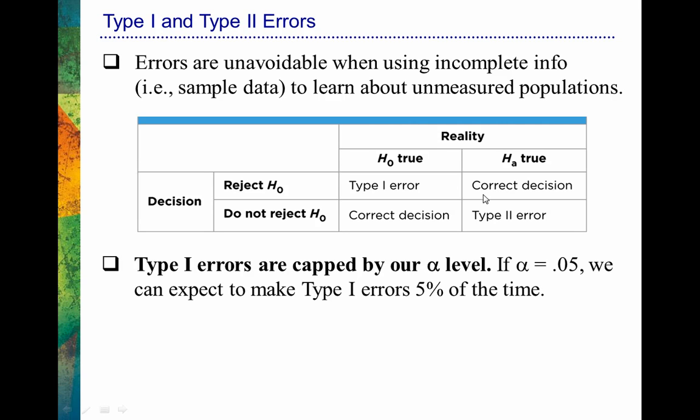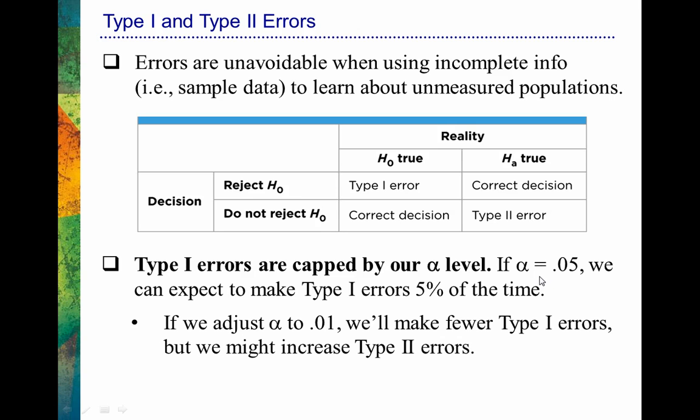Type 1 errors we have quite a bit of control over because they're capped by our alpha level. So if we have an alpha of 0.05, we can expect to make type 1 errors 5% of the time. That's why there are some fields that aren't happy with that. Making an error 5% of the time in the medical field might be too much.